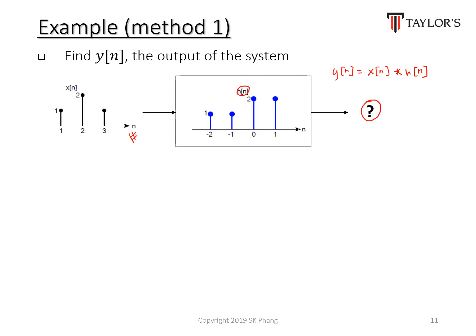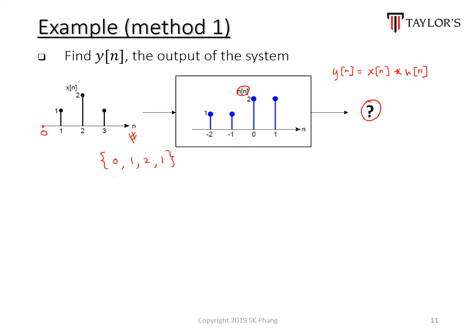Now let us look at these two signals and systems. For the first signal, the input signal, we can write it in this form as well: 0, 1, 2, 1. This 0 corresponds to when time n equals 0, we have a zero over here.